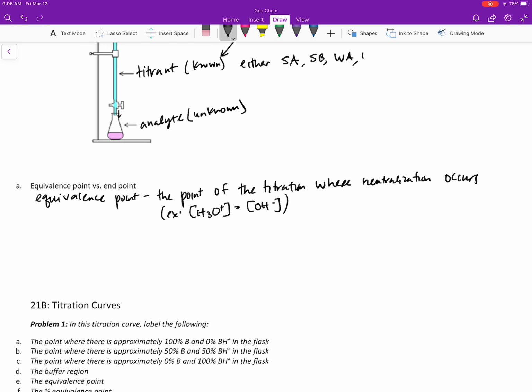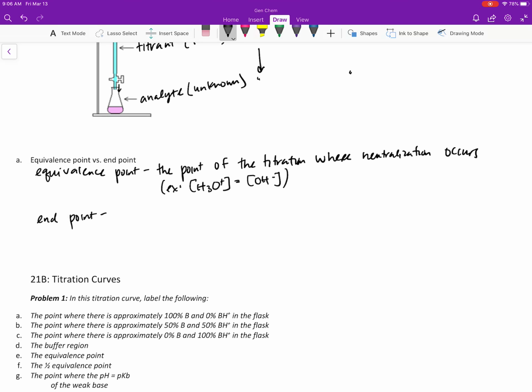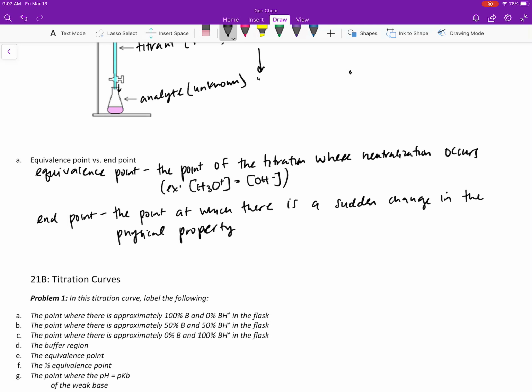The endpoint, on the other hand, is the point at which there is a sudden color change. And we're going to be more broad and say a sudden change in a physical property of the analyte. Oops, I should spell that correctly. Analyte.